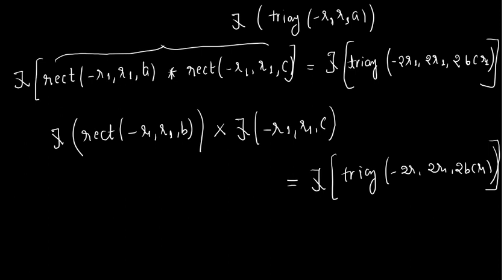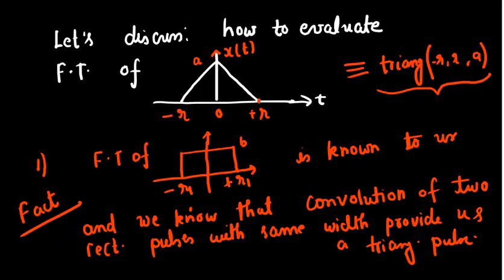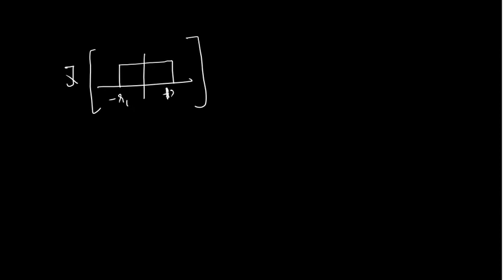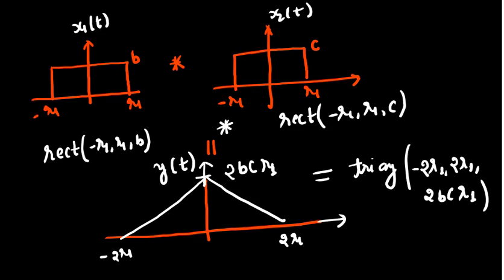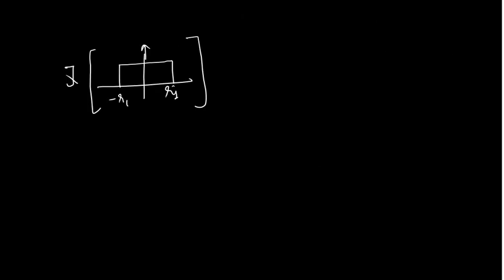And this is simple. If you remember, the Fourier transform of this signal is 2BR1 sinc of 2R1 f.